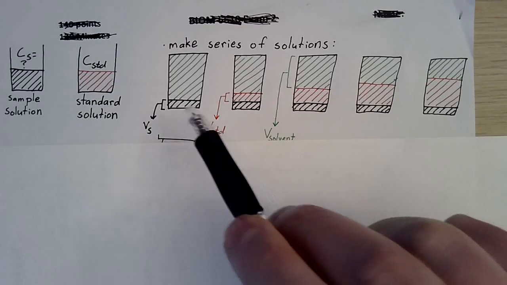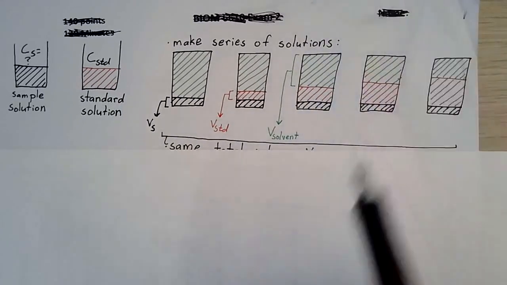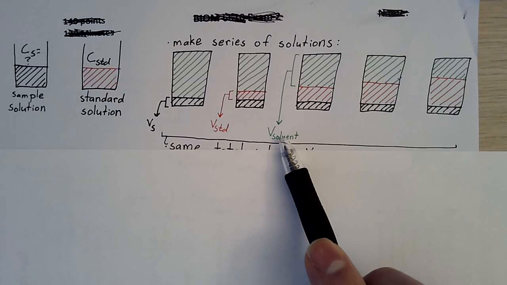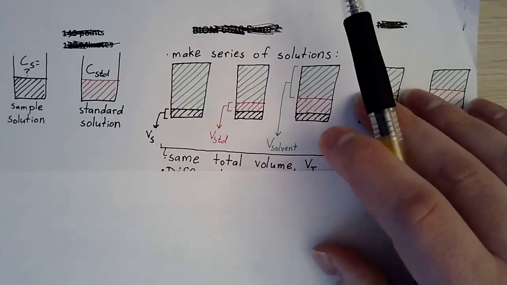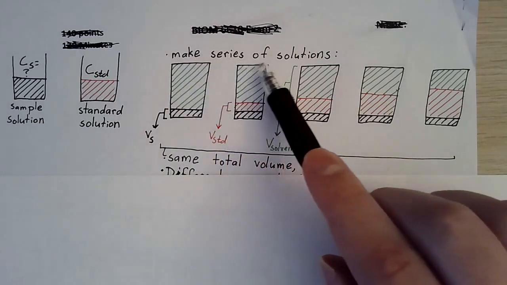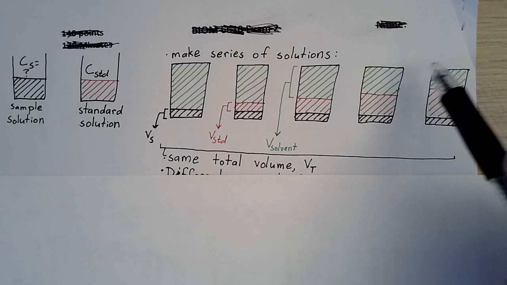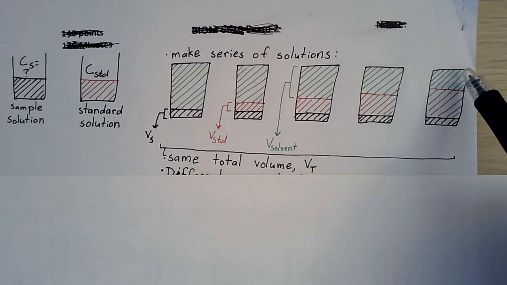And then finally, we top each one off with solvent, with some volume of solvent shown as green, in order to make sure that they are at the same total volume. Okay, so they might be 50 milliliter flasks, they might be 100 milliliter flasks, whatever the container is, whatever that total volume is, they finish off at that same volume.